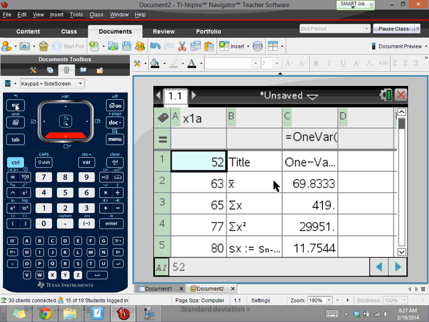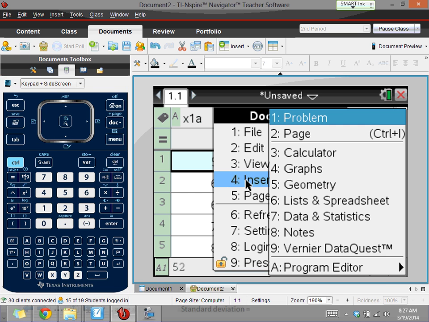Okay, we good? By hand, menu statistics, and the last way is doc insert. Your screen needs to look like mine first. So get back to this screen. Okay, doc insert. Which one do you think we want?